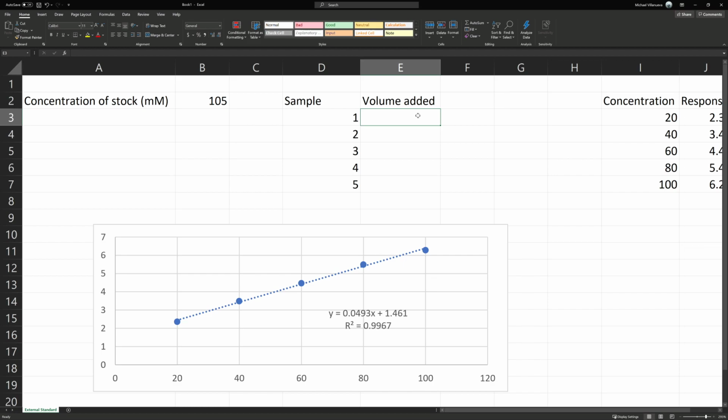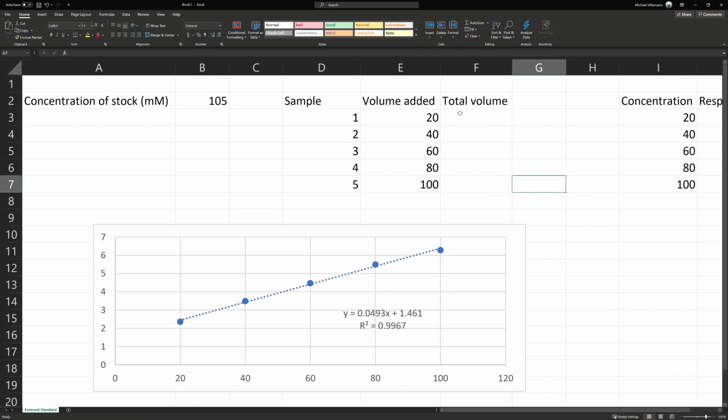So to this, we added 20 milliliters, 40, 60, 80, 100. Let's say the total volume is 500 milliliters.